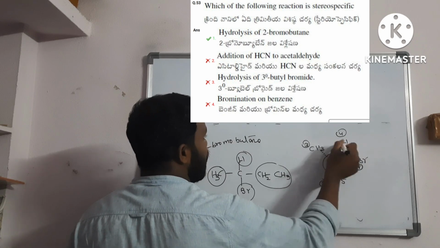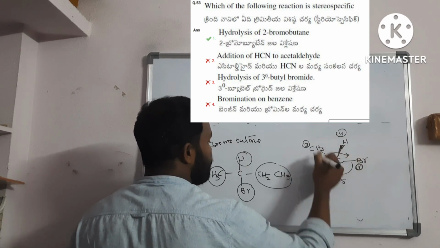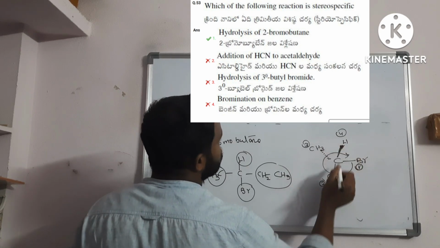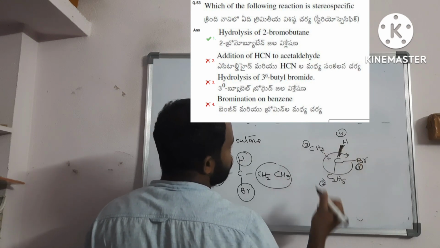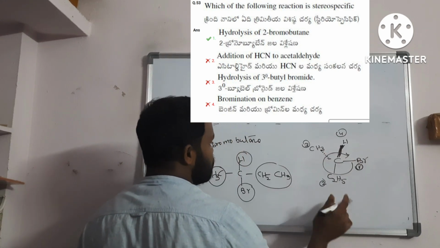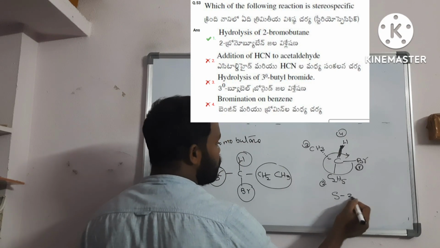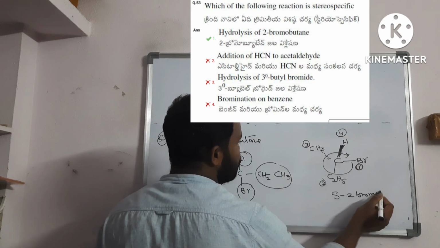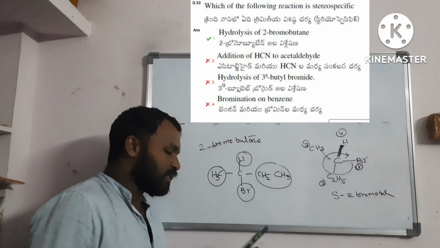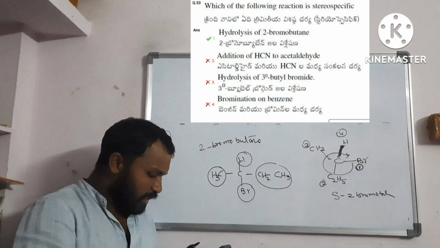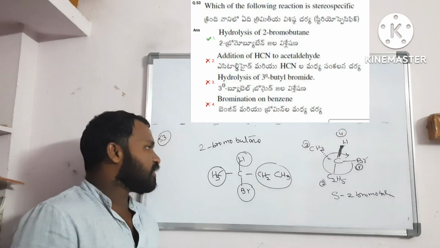Clockwise means R, but R becomes S, because the hydrogen, the fourth priority, is on the thick line, hence it is S. So this is S-2-bromobutane. But they didn't give whether it is S or R. So what is meant by stereospecific?